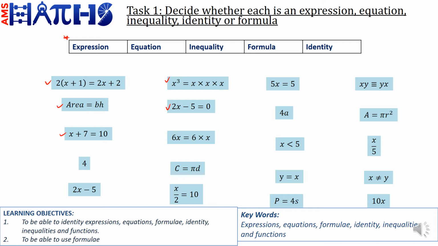I want you to spend no more than 10 minutes, based on what we discussed about the different expressions, equations, inequalities, etc., deciding which ones would fit under each column. So pause your video. When you're through, resume the video to check your answer.